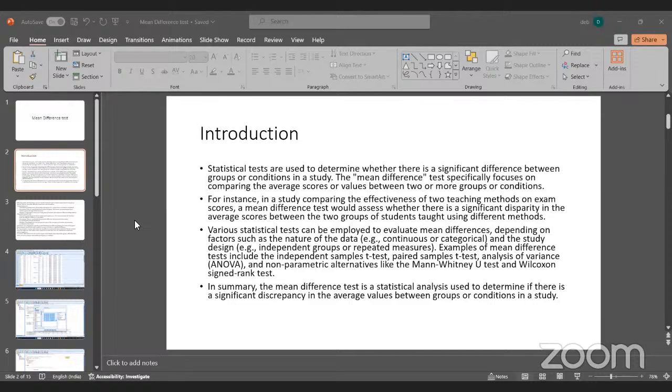Now, SPSS has some facilities to compute the independent t-test and paired sample t-test. Today, we will learn about this.